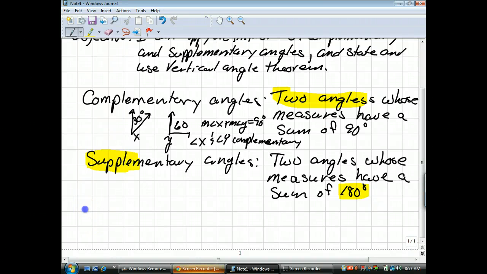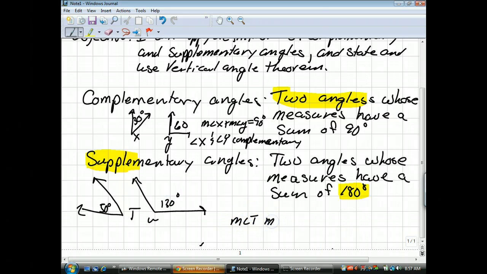If I have angle T whose measure is 50 degrees, and angle U whose measure is 130 degrees, then the measure of angle T plus the measure of angle U equals 180 degrees.